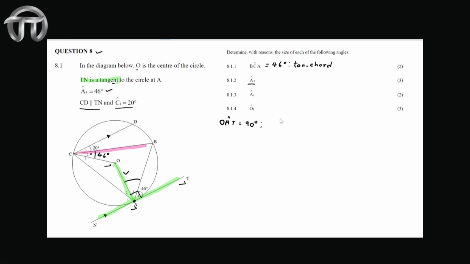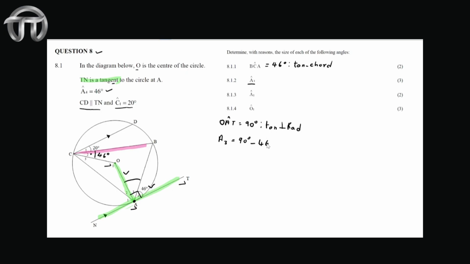Why did we say that? That is a tangent, and that tangent is perpendicular to what? To the radius. So that means angle A3 is equal to 90 degrees minus what? This one that is given as 46.